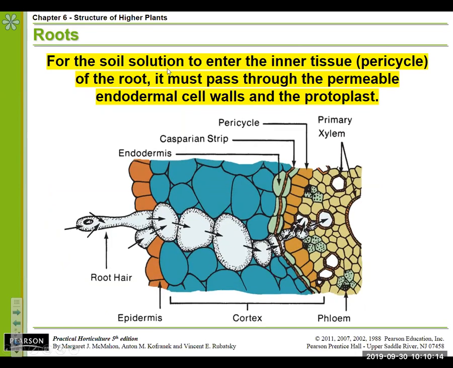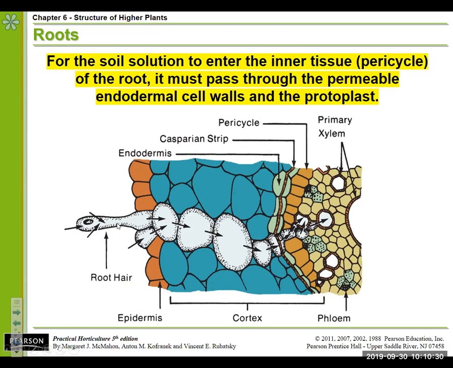So for that soil solution, which is just water flowing through the soil, to enter into the inner tissue of the root, it has to pass through these semi-permeable cell walls.